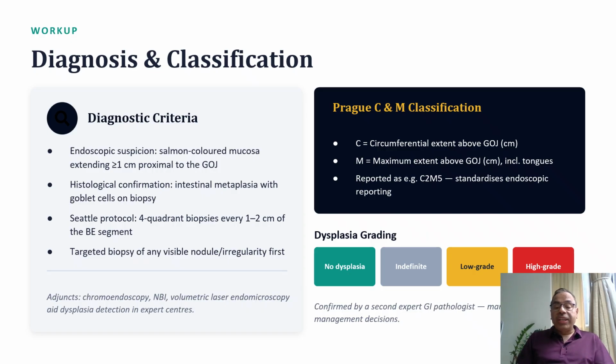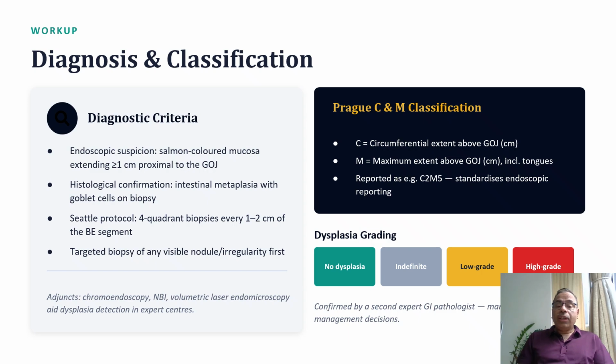This way of taking an endoscopic biopsy in a suspected case of Barrett's esophagus goes by the name of Seattle protocol. And also take a targeted biopsy of any visible nodule, any irregularity, or any other unusual lesion. So these are the four important diagnostic criteria, or you can say a workup, for a patient of Barrett's esophagus.